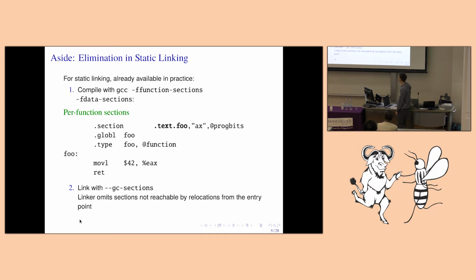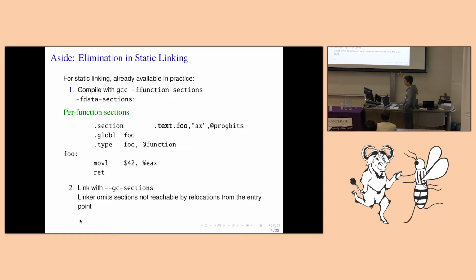In static linking, the problem has been solved before, and what you need to do to make it work is first compile with the -ffunction-sections and -fdata-sections switches. What this does is put every data object and function into a separate section in the output file.